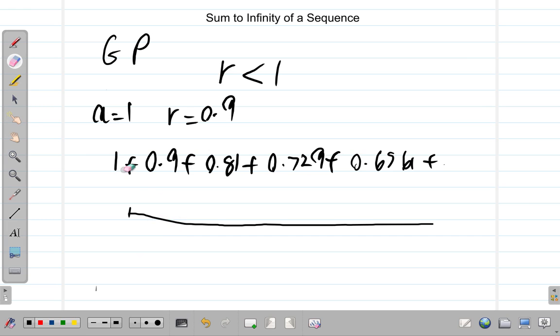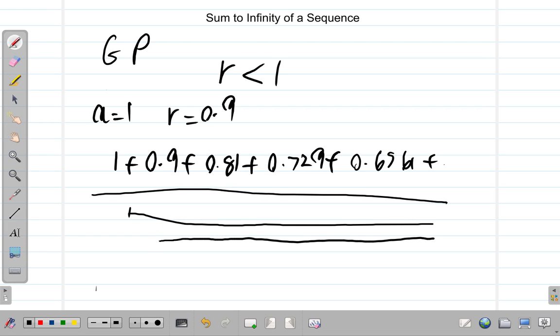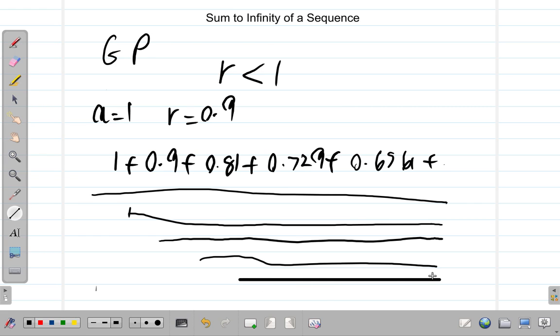You add it to the length before. Alright, so this was the length before. Then you cut the string again to make 0.9 of it left, which is 0.81, and you add it to what you had before. Then you have 0.81 reduced by 0.9, and each time there's a reduction in the length of the string. The string gets shorter and shorter.